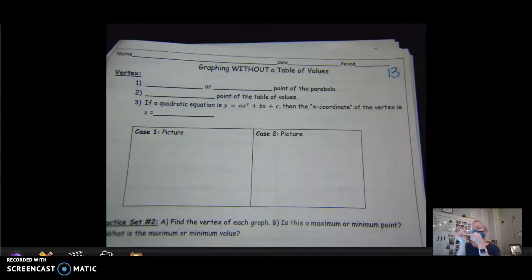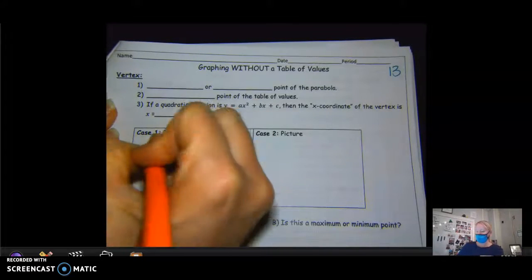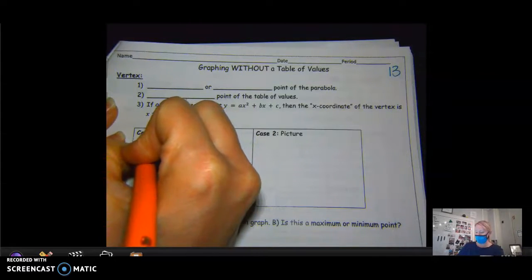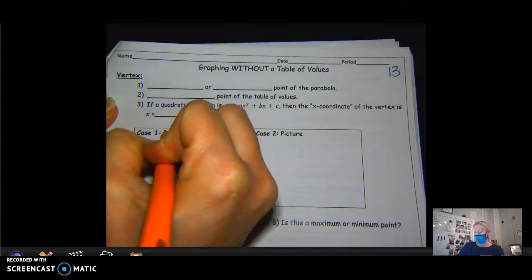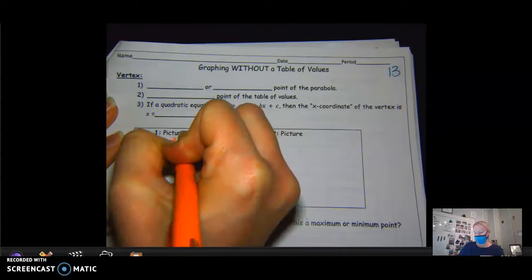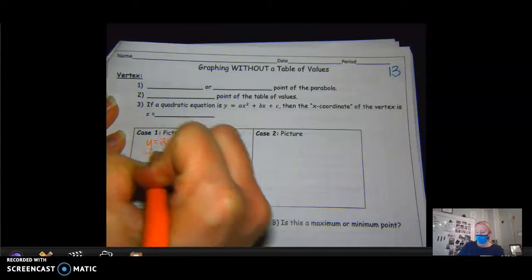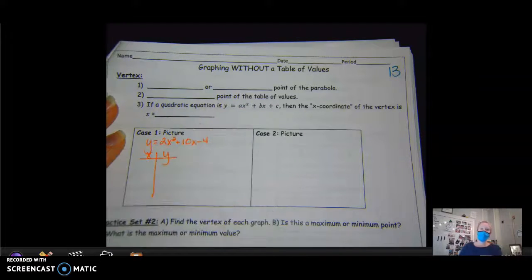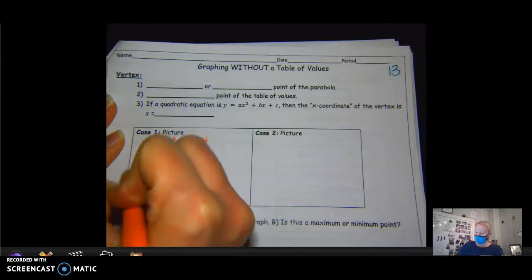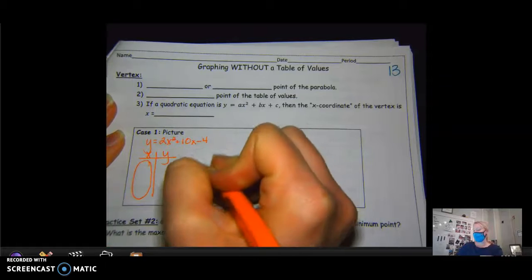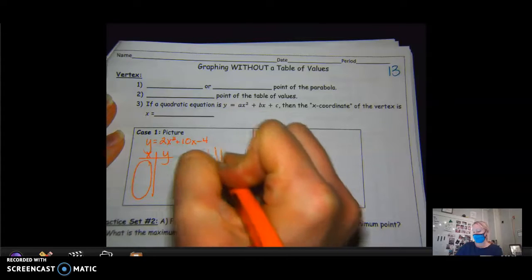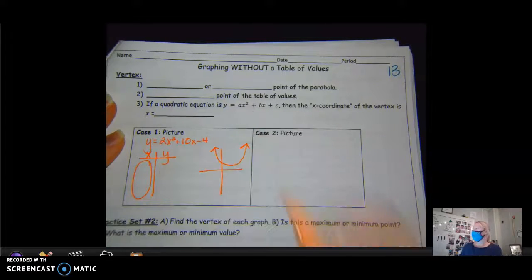Now, the problem with a quadratic is, let's say I gave you a quadratic, y equals 2x squared plus 10x minus 4. And you start over here, you have an x, you have a y table, right? How do you know what numbers to put in for x in order to make sure that your parabola is somewhere on here?